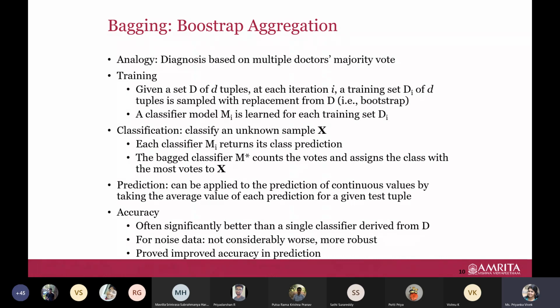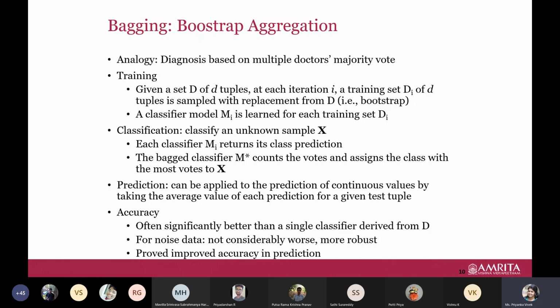Now when you get a new, unknown sample X, each classifier returns its prediction and then voting is done. Each classifier's prediction is taken and whichever is the maximum prediction is the class which our X would get. So that is our classification. If it is numeric prediction, it would be the average of the predictions by the models.